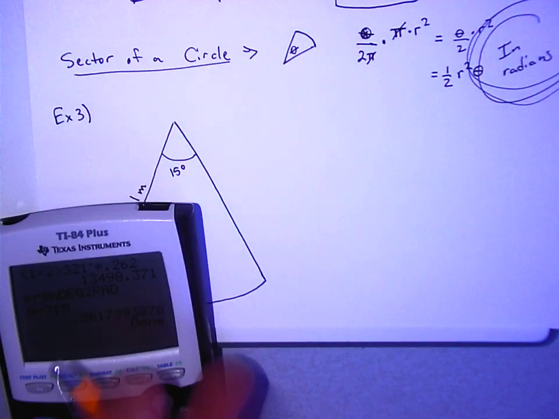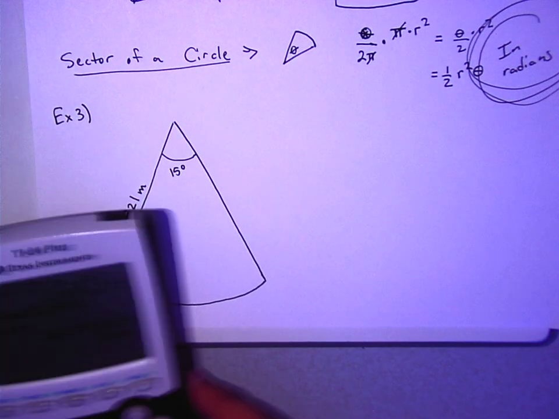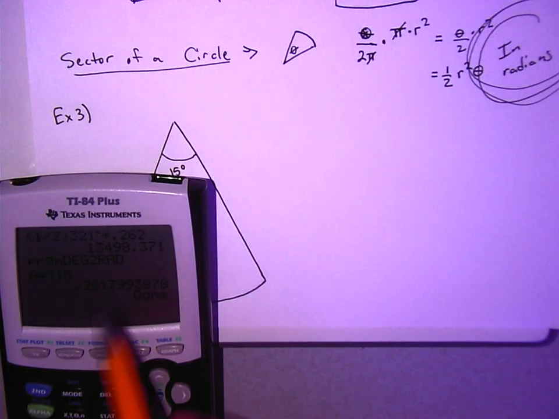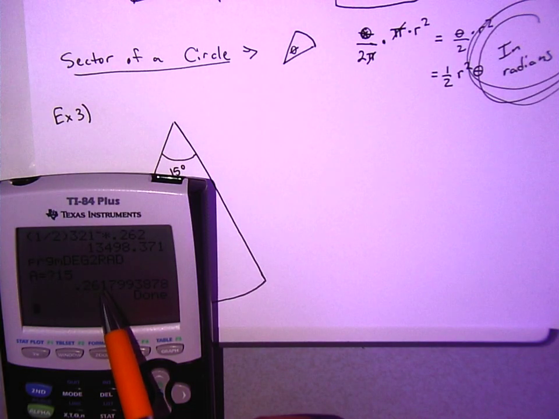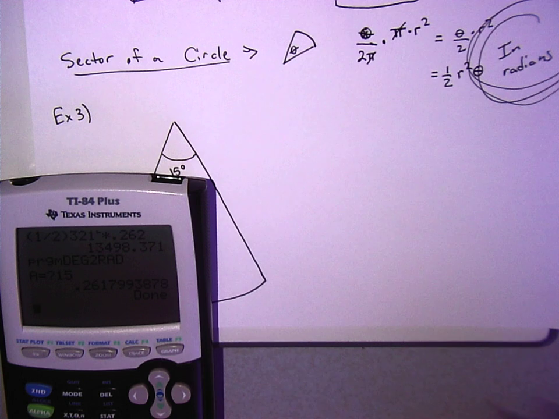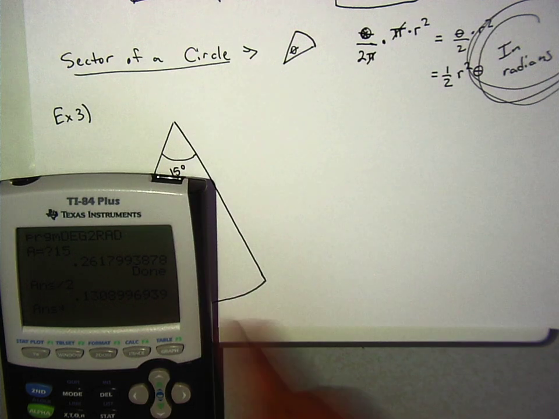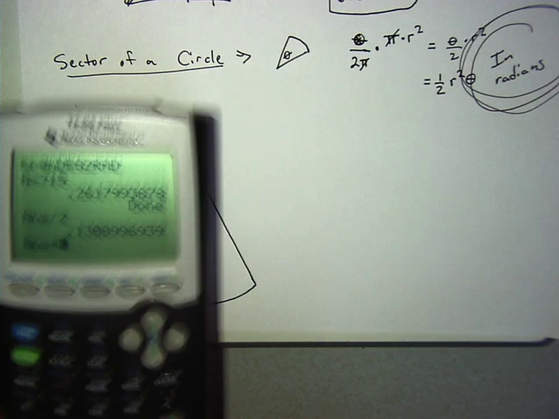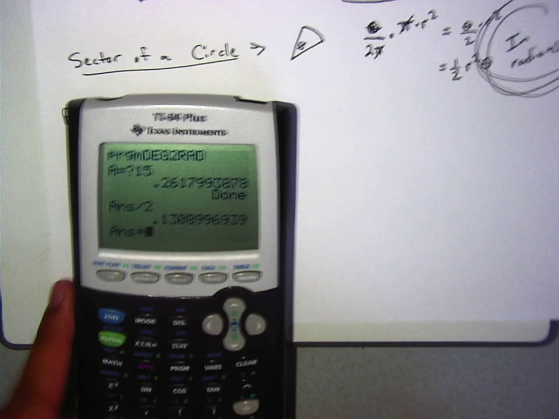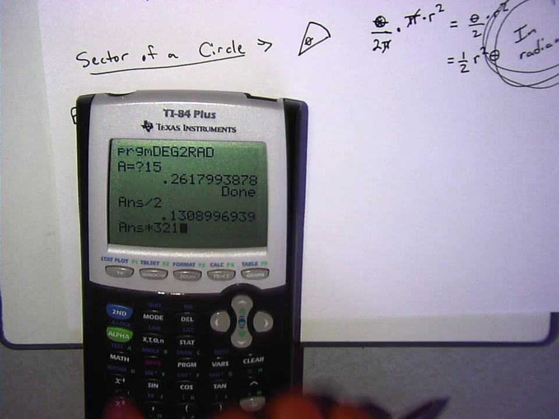Okay, keep going. So I divided this by 2 and then multiplied it by our radius squared, which is 321. Then you square it.